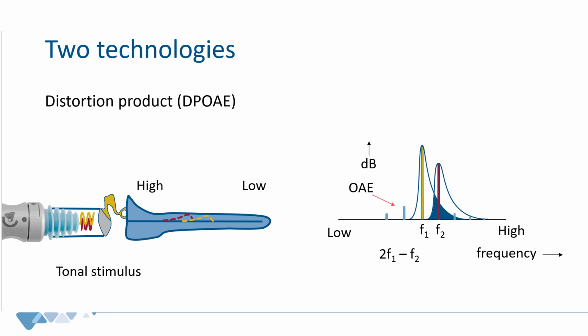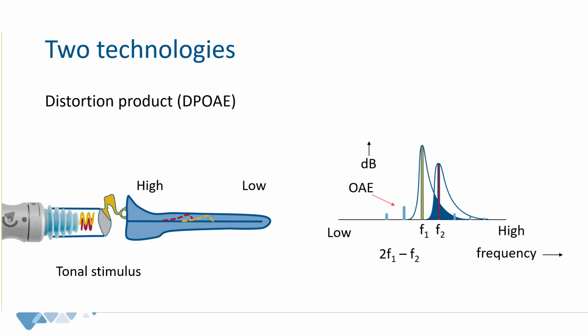Actually, you can see there are harmonics being produced as well, but they are typically so small that we ignore them. What we do in DPOAE is that we try to measure this distortion product. It's a distortion product of the basilar membrane that is active around the F2 frequency.